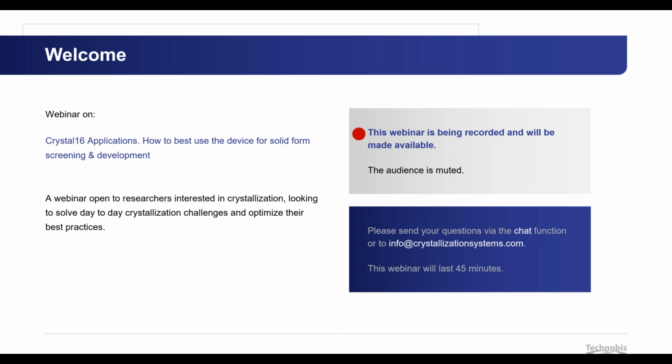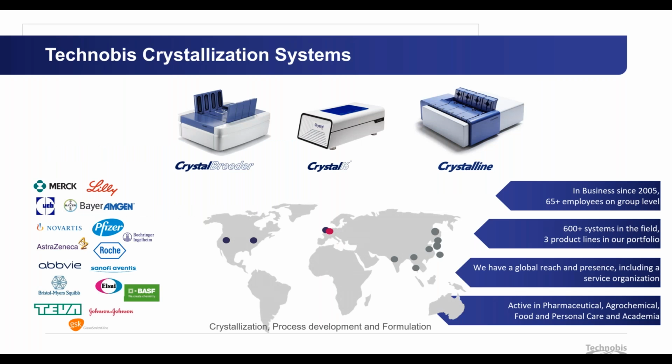A bit about Technobis Crystallization Systems. We are a Dutch company on the market since 2005, located in the Netherlands. We are a world-leading technology provider for solid-state research, process development, and formulation.